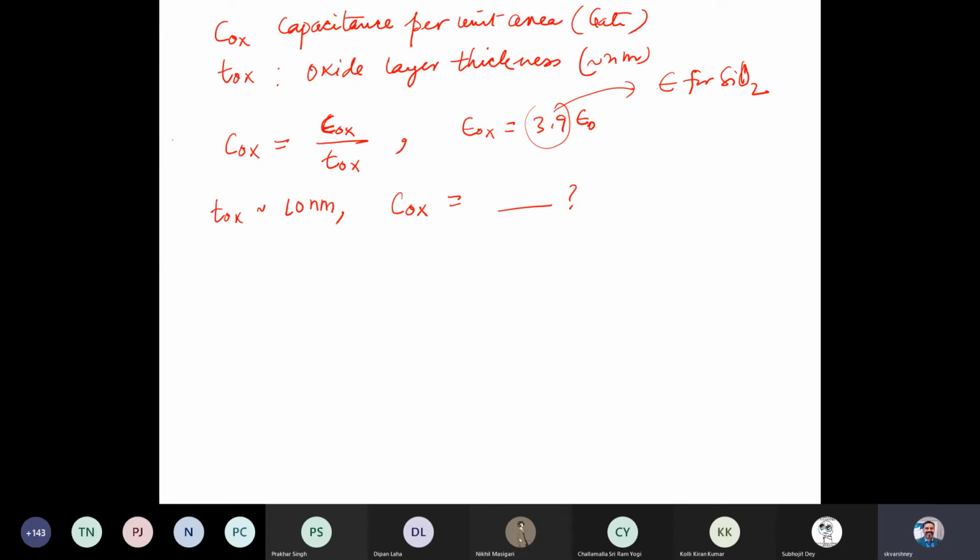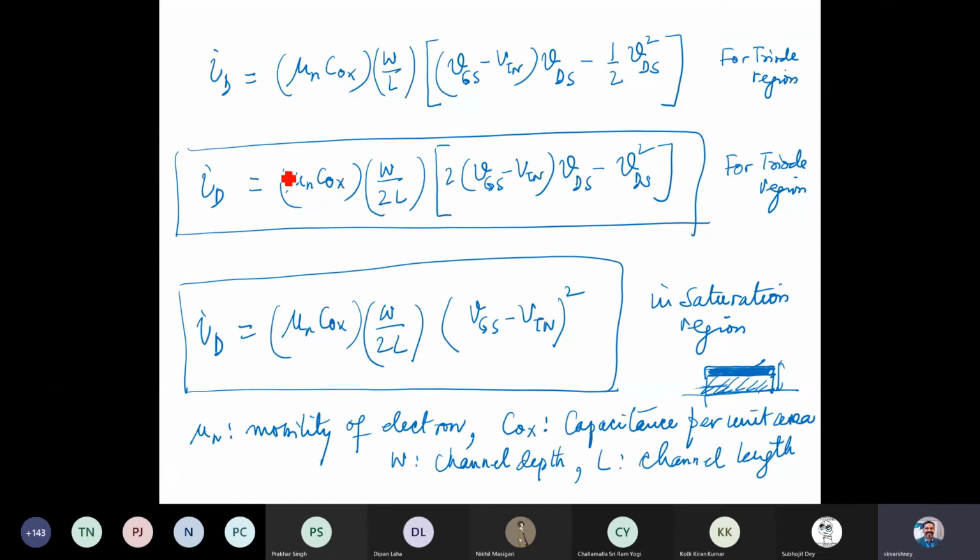And this parameter in the previous equation, we call a conduction parameter.